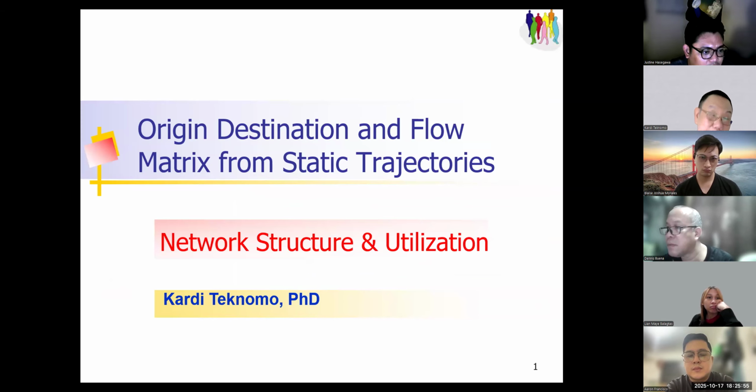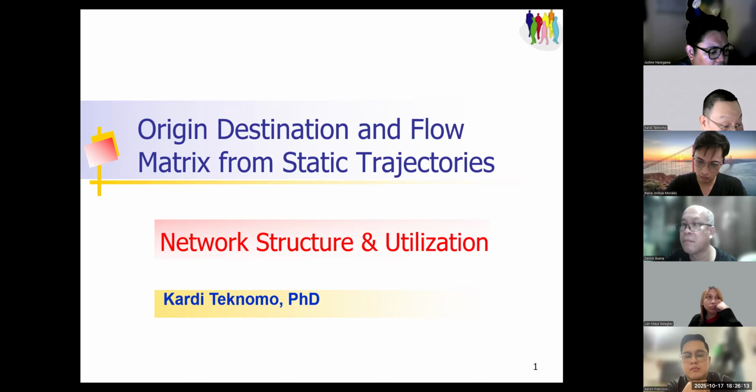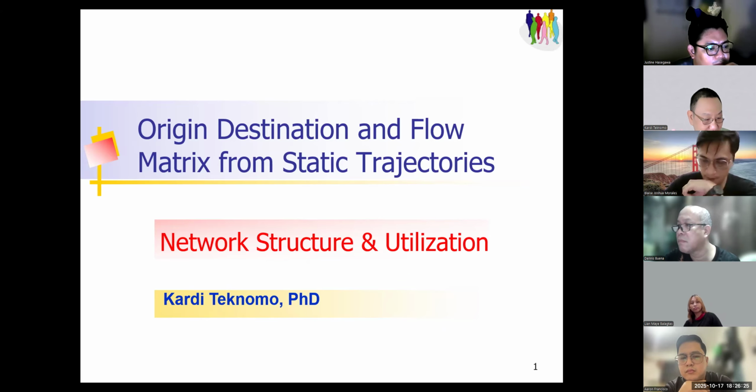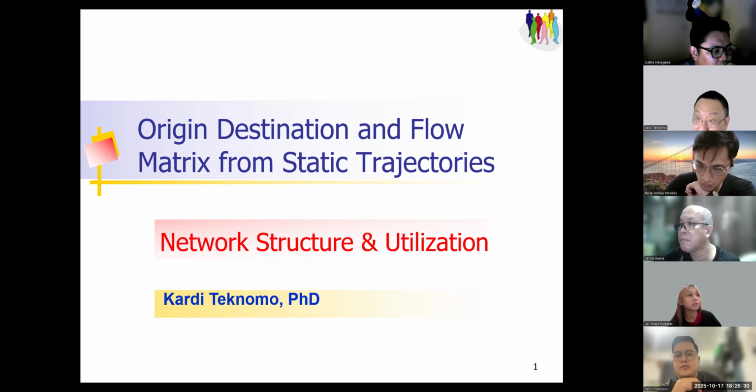So, question now. Once you have the trajectory, can we derive anything more than the flow? Can you derive, for example, the OD matrix, origin-destination matrix? Can you derive, for example, the turning distribution matrix? And can you connect this flow and OD and so on?